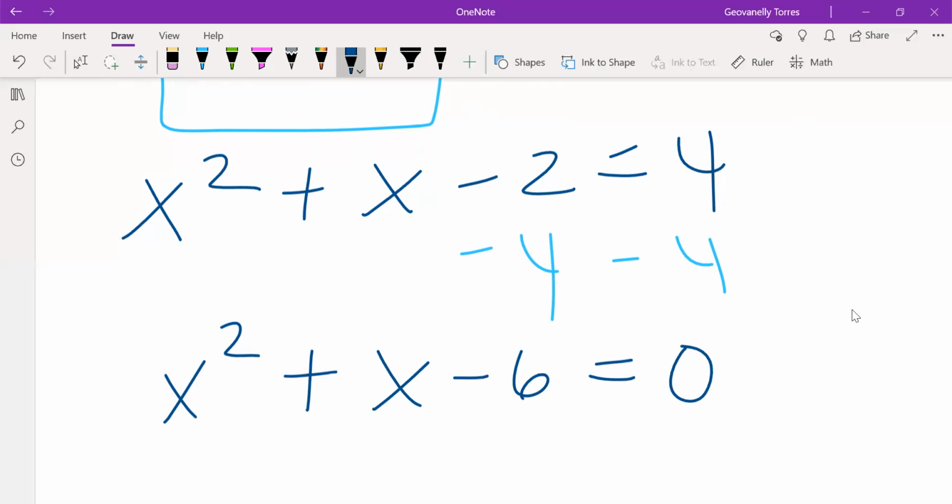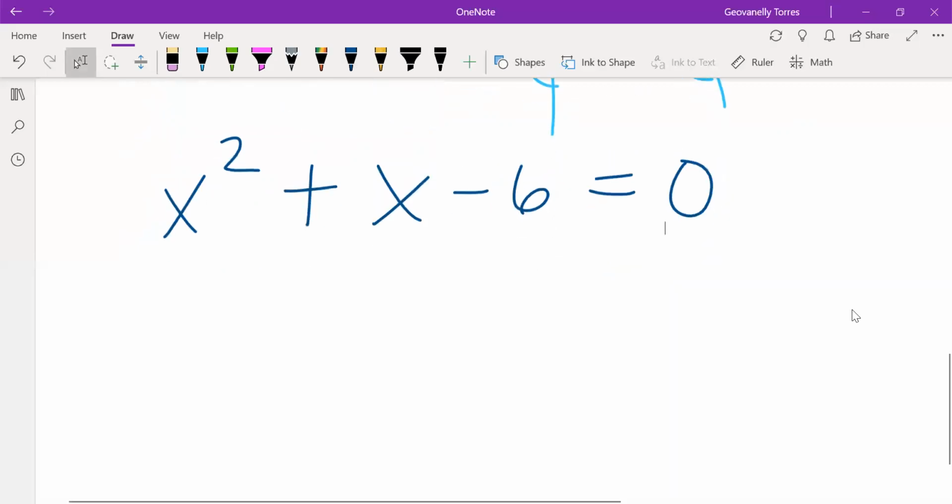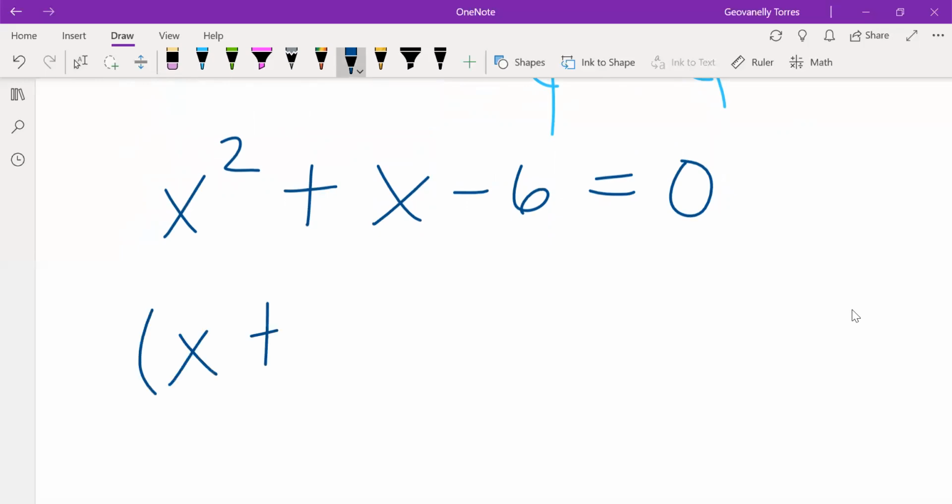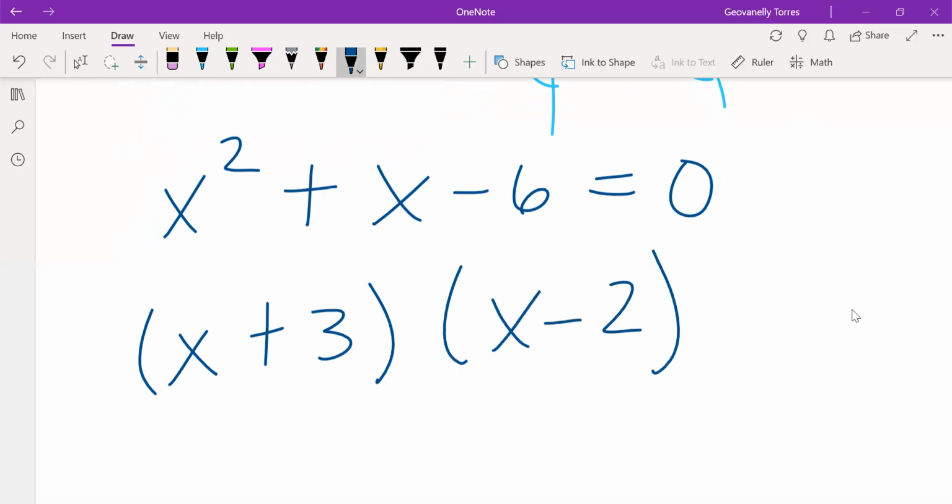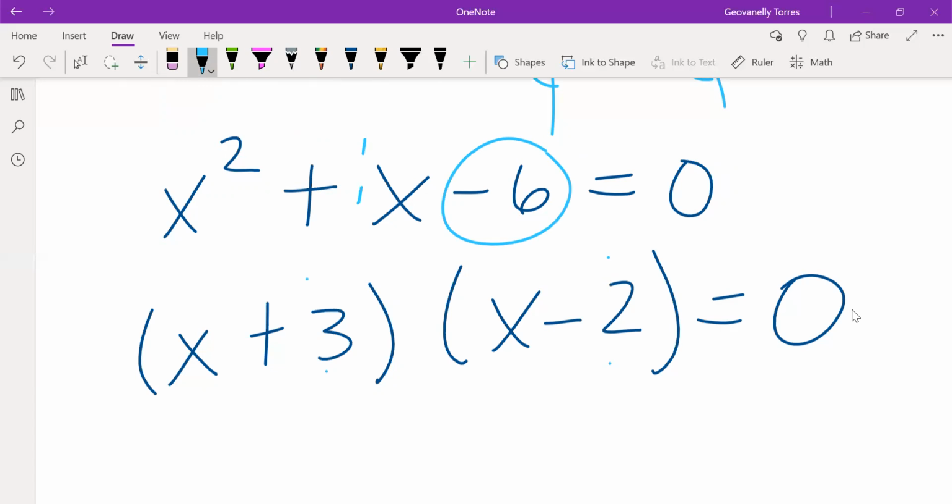Now, we have to find the x solutions. And that gives us the factors x plus 3 and x minus 2 equals 0. So how do we check this? If we multiply the 3 and the negative 2, that gives us negative 6. And if we add 3 and negative 2, that gives us 1, which is the 1 in front of the x.